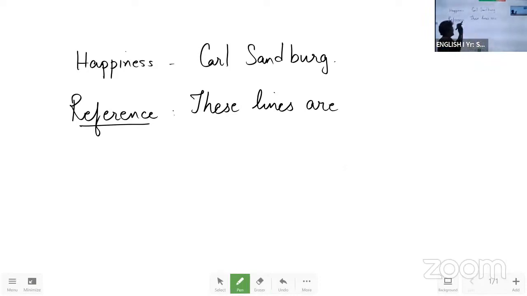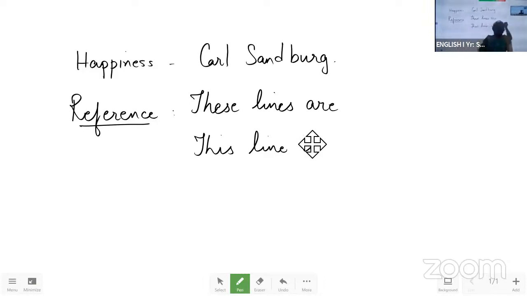The first line itself, when you make a mistake, the impression of the examiner goes. He knows that you don't know proper English. You cannot write each sentence without making grammatical errors. And immediately the marks that he is going to give goes down. So either you write these lines are, or you write this line is. Remember this, children?